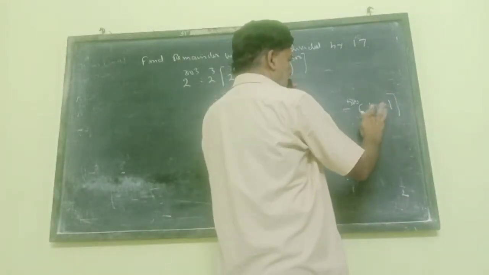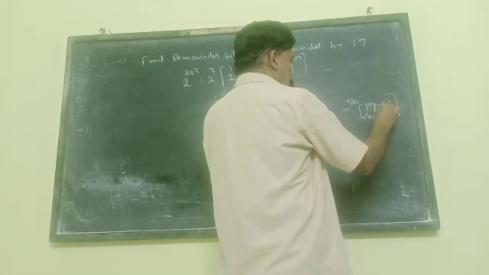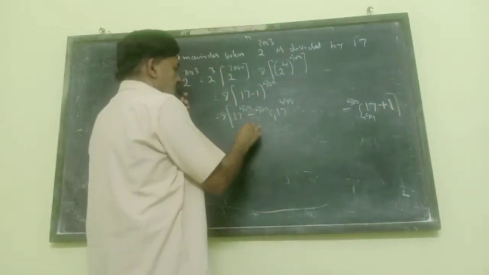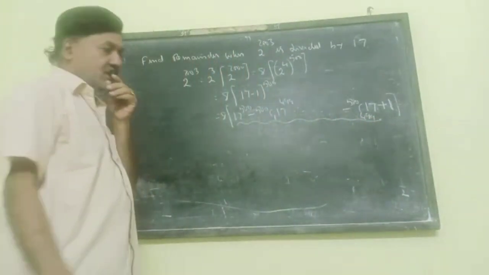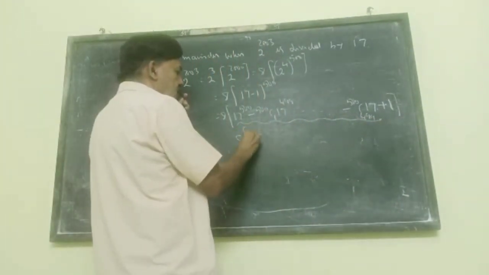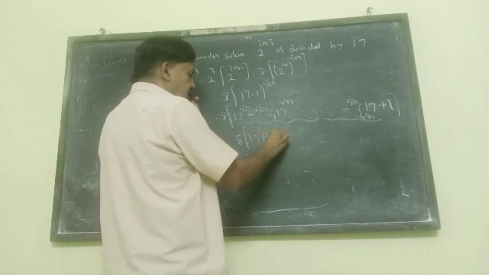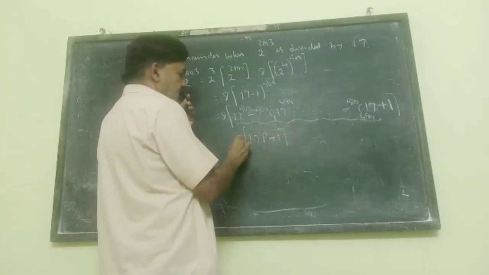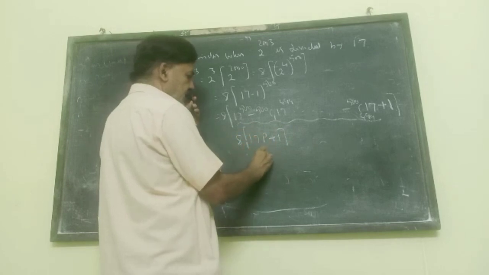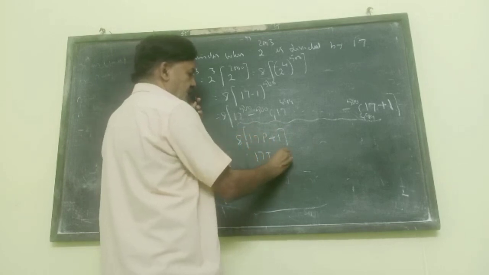This is what you are going to get. In all these terms, 17 is common. So 8 into this is of the 17p plus 1 form. This is as good as 8 into 17p plus 1, which can be written as 17i plus 8.